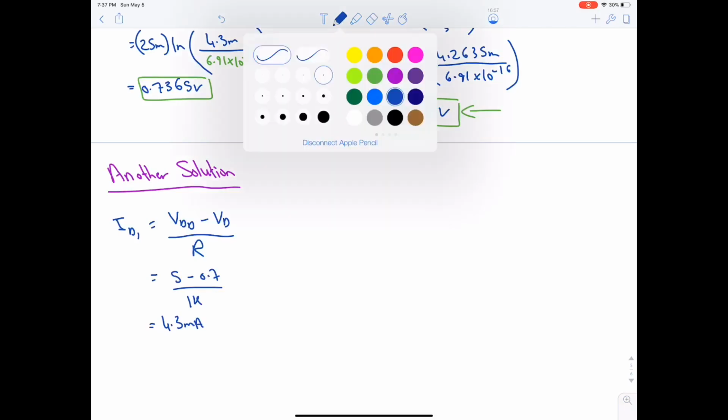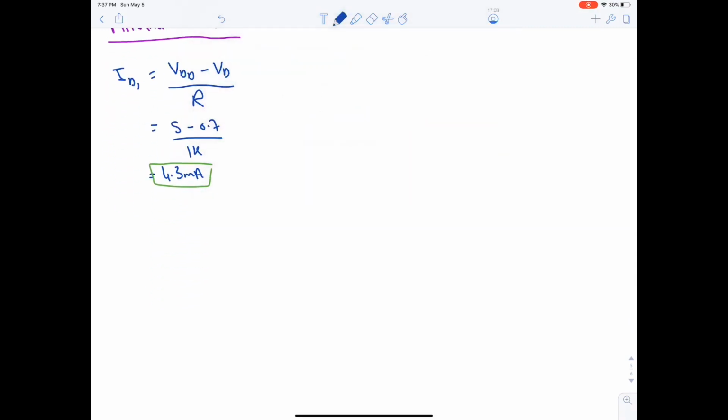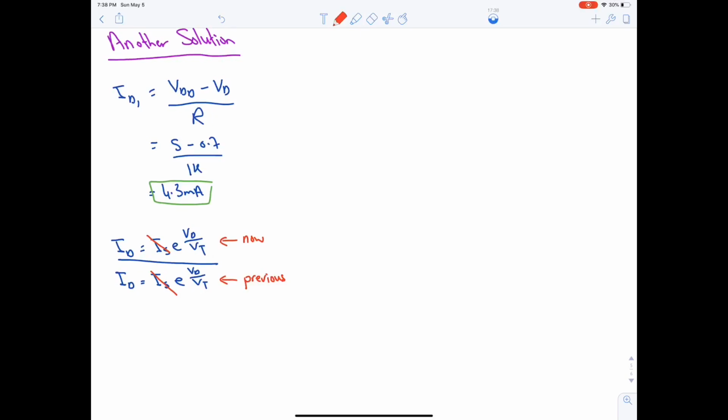Nothing changed so far. Now, when you want to find VD, we'll use ID equal to IS e to the power VD over VT. Now, instead of finding IS on the side and then plugging it into the equation, we will divide by the same equation to cancel IS. The numerator will be the current iteration, and the denominator will be the previous iteration.